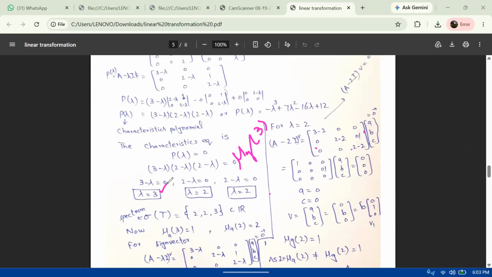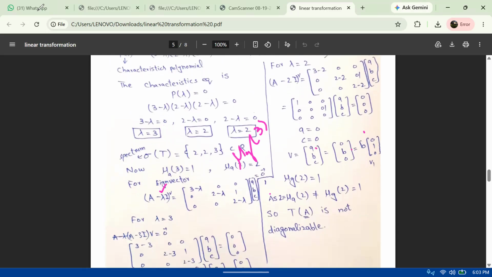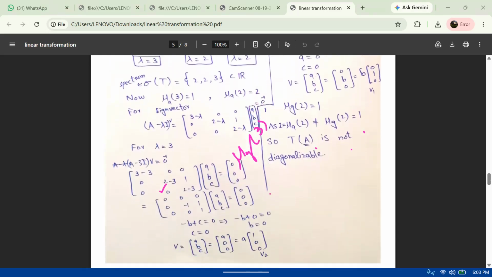What does this mean? When you put lambda 3, you find the eigenvector, which is this one. So for this eigenvalue lambda equal to 3, you have got only one eigenvector.